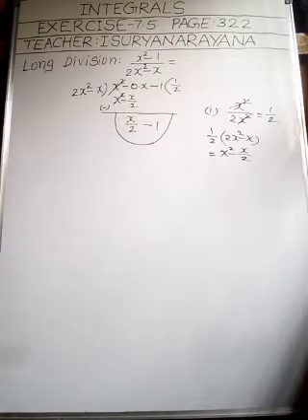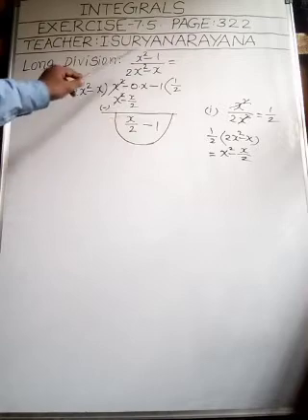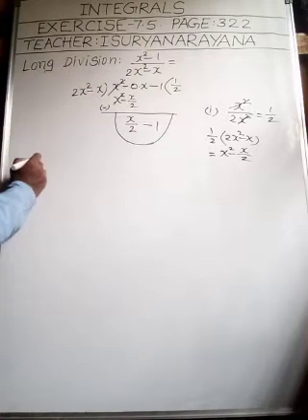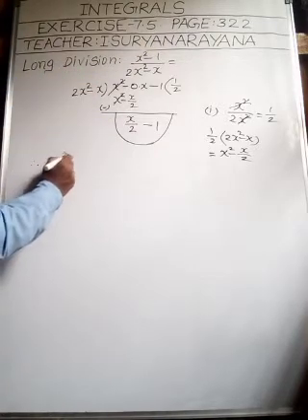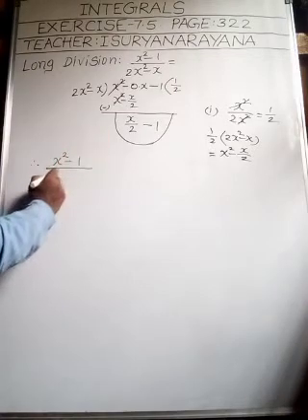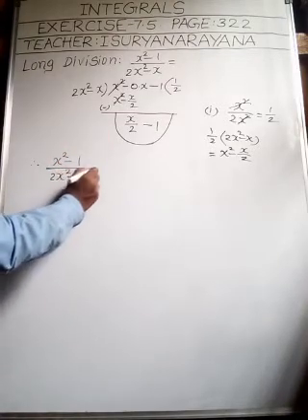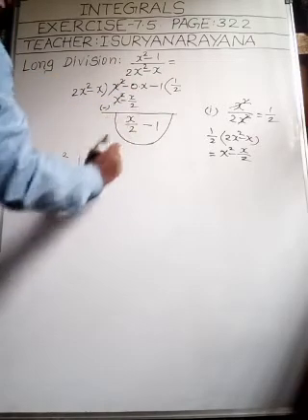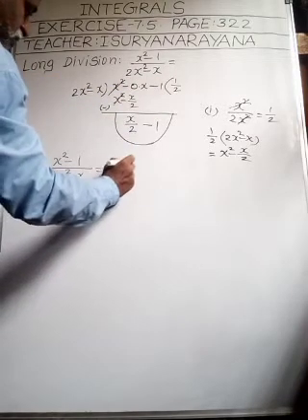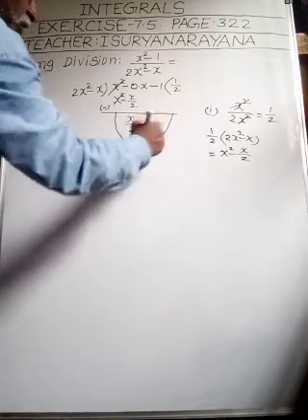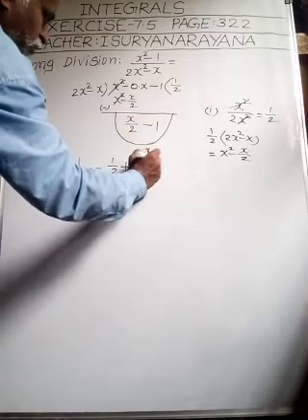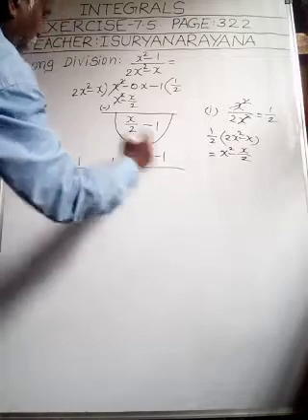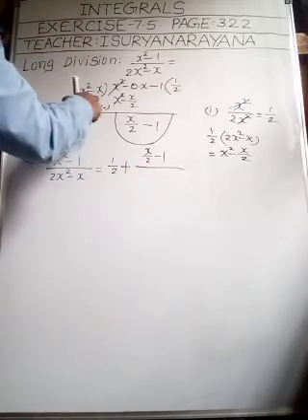Then we write this long division as a mixed fraction. Therefore x square minus 1 by 2x square minus x is equal to, how do you write? Quotient plus remainder, x by 2 minus 1 whole divided by 2x square minus x.